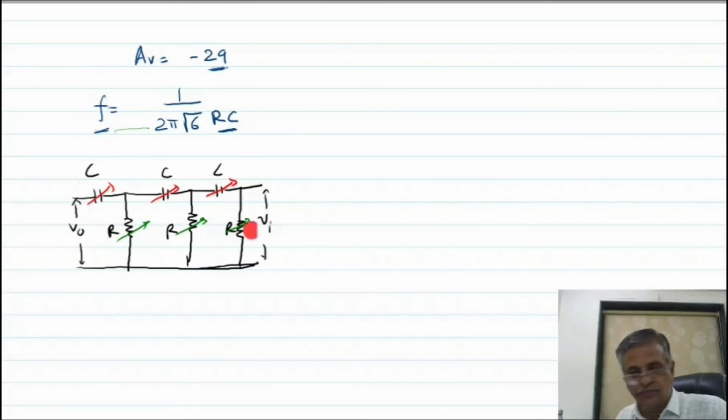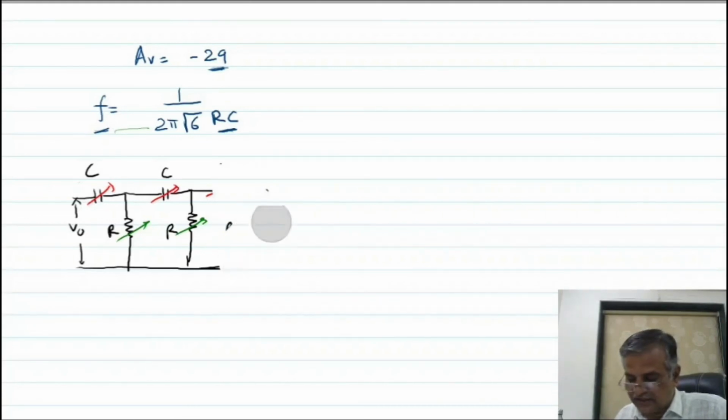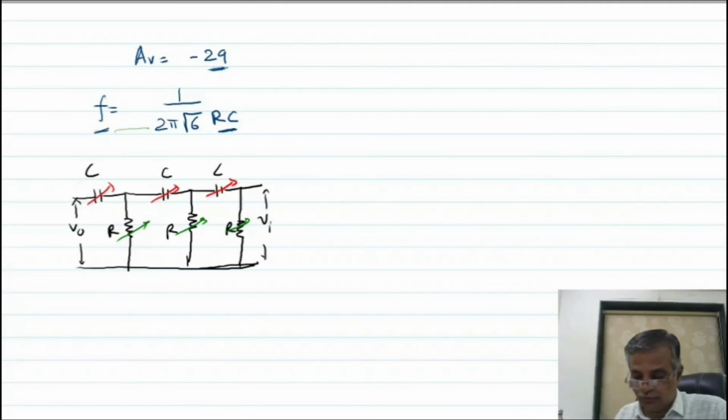Now suppose someone says, sir, can we use 2 RC networks to produce the 180 degree phase shift? Look here, in the previous section, in the 3 RC network, each one produces 60 degree. This produces 60, this produces 60, meaning 120, and this produces 180 degree.